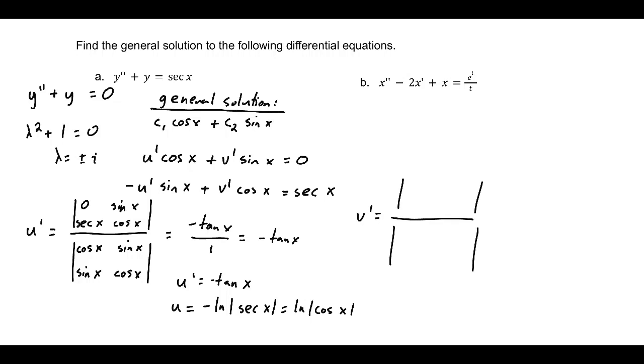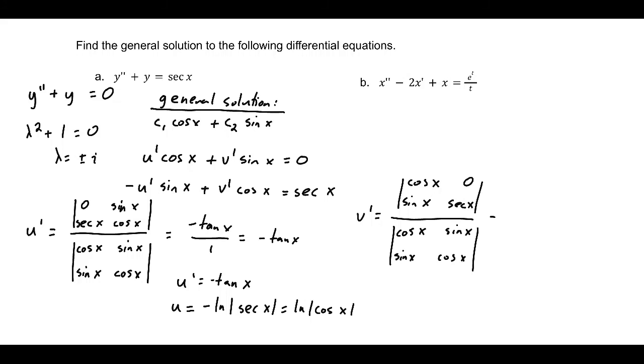The numerator matrix has a first row of cosine x and then 0, and a second row of sine x and then secant x. The denominator matrix is a first row of cosine x and then sine x, and a second row of sine x and then cosine x.